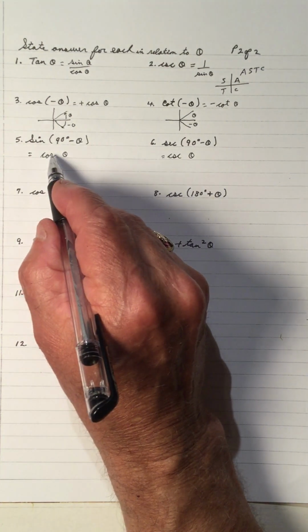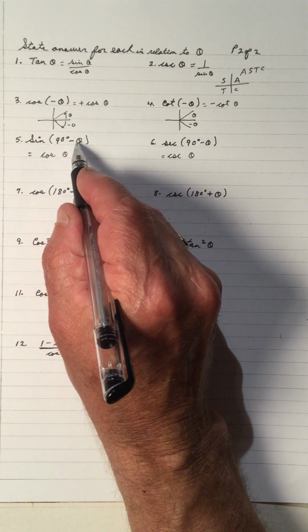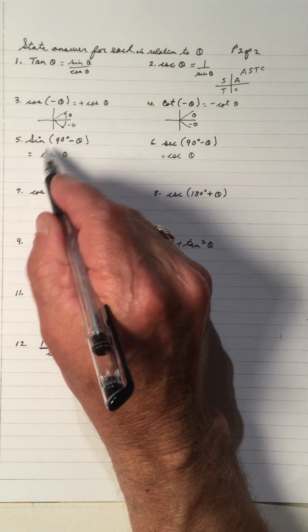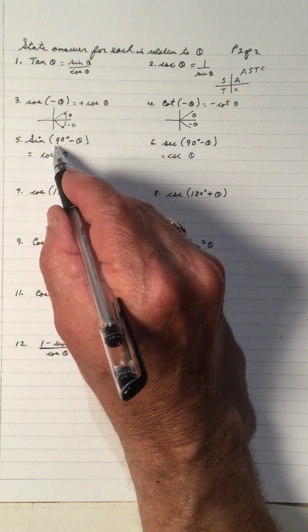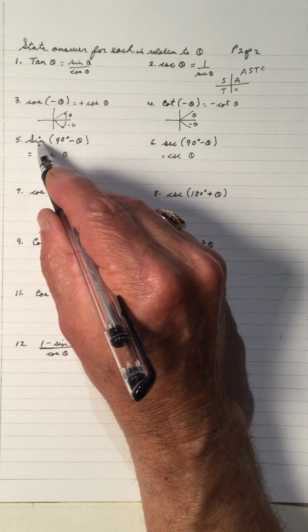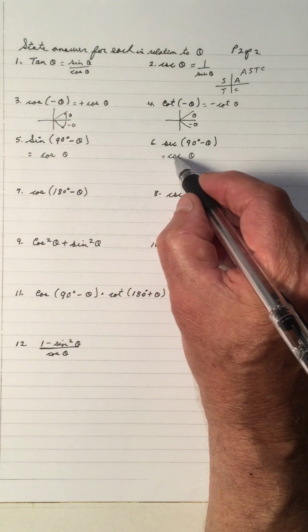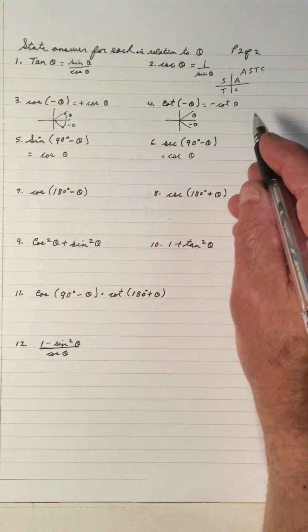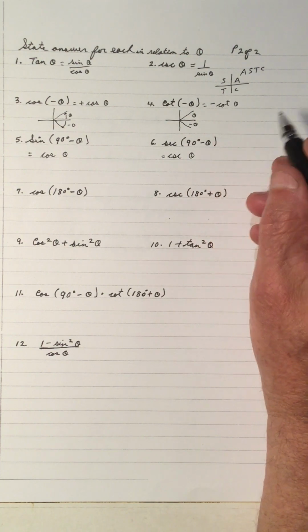And notice they're all positive, because if theta is in quadrant 1, 90 minus theta is also in quadrant 1, so it remains the same sign. So there's no negatives with 90 minus theta. You just have to change sine to cos, cos to sine, secant to cosecant, cosecant to secant, or cot to tan, tan to cot, if you do 90 minus theta.